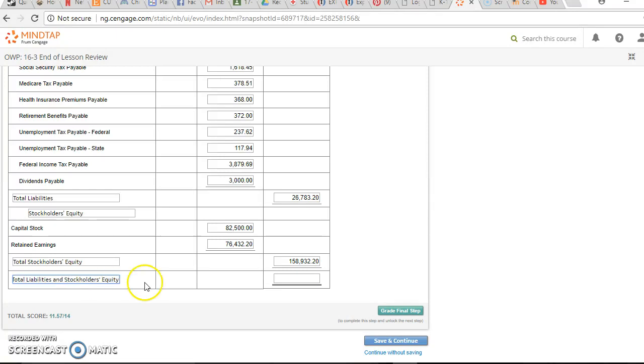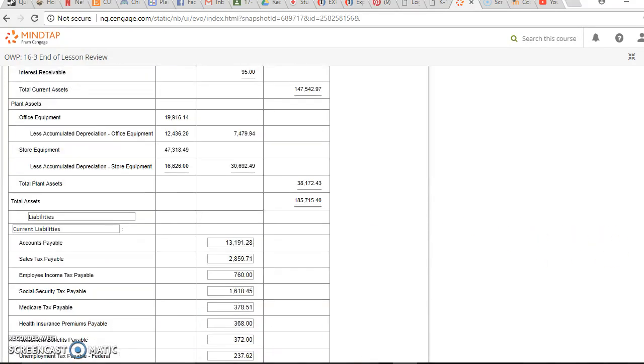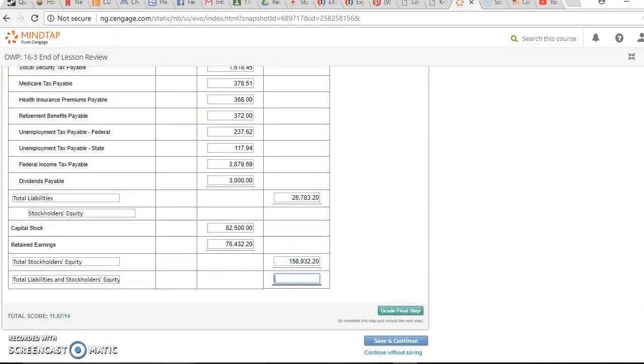And then you should add the total stockholders' equity and total liabilities up, and see if they equal 185,715, which are your total assets. If they do, then you're in good shape. If they don't, then we did something wrong.